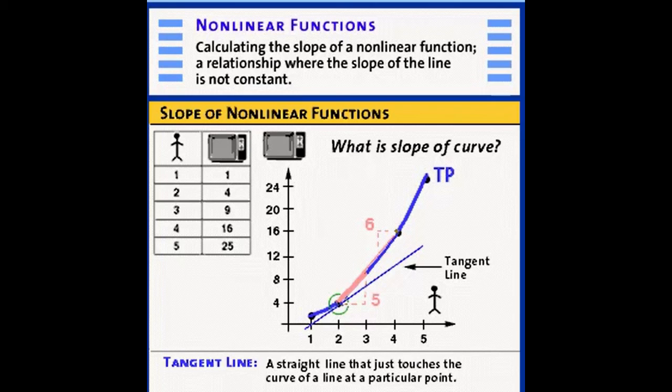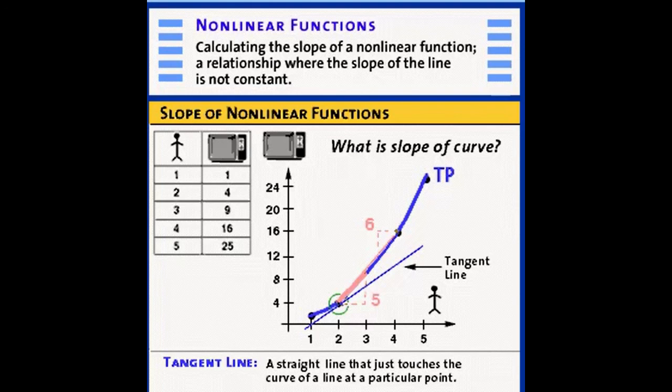If you had something straight like this ruler and you wanted to lay it against the blue curve, laying the ruler against the blue curve would give you the tangent line. Laying something straight against a curved line at a particular point gives you the tangent. Tangent means touching. If you wanted to take the blue curve like before and lay it against the blue curve and have this blue curve be a straight line, the slope of this blue curve now is the slope of the tangent line, the line that just touches.